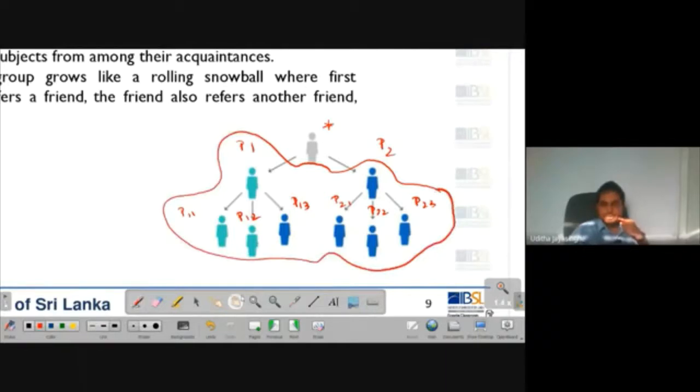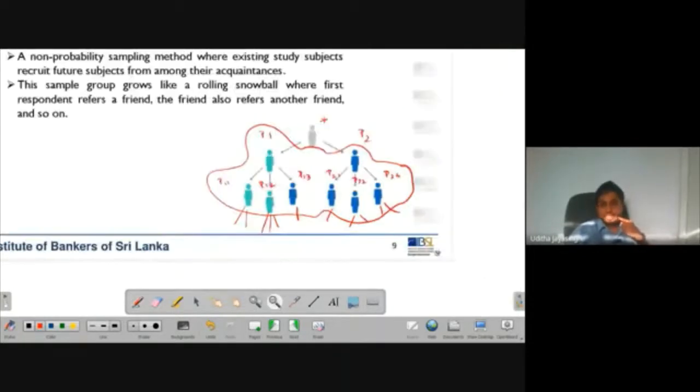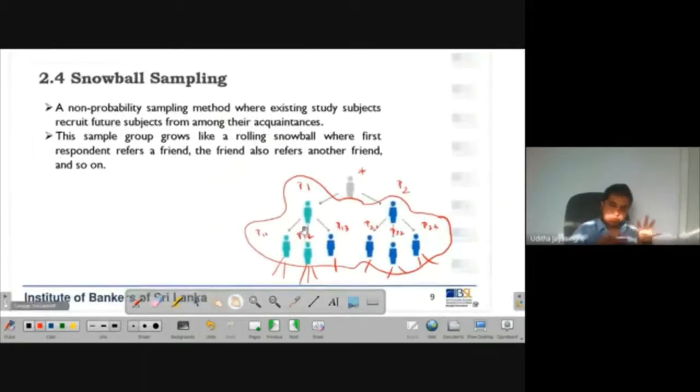If they continue this pattern to the next levels, then a huge sample is going to get collected. This doesn't necessarily imply that this sampling is going to give you broader access to the data compared to the other methodologies that we discussed. It's not necessarily the case, but this is how your sample is selected and formulated.